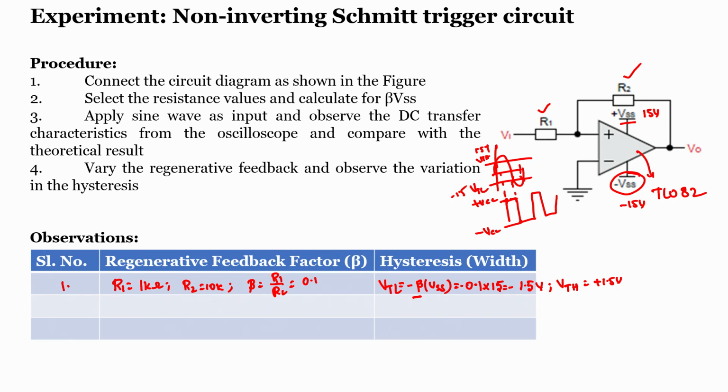Because of that, the op amp output will always be in either the plus VCC state or the minus VCC state. In this case, we are operating the op amp at 15 volts and minus 15 volts, so the higher output will be plus 15 and the lower is minus 15. But when to switch on and when to switch off is decided by the thresholds, that means it depends upon the resistors that we are using.